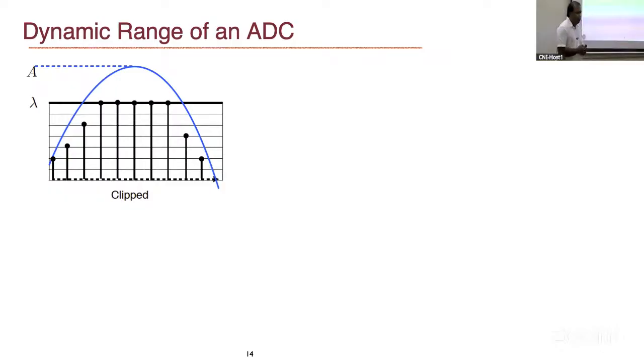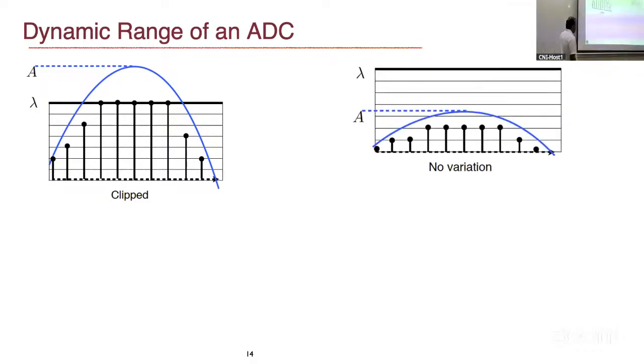What if your signal's dynamic range is very small compared to the ADC's dynamic range? Will that be good? It might not detect. My signal's dynamic range is much smaller, so all your variations will be buried under your quantizer's step size, and there won't be any variations in the signal.